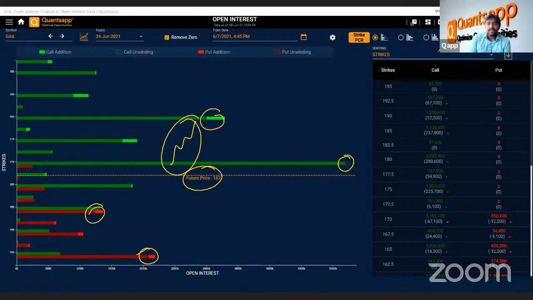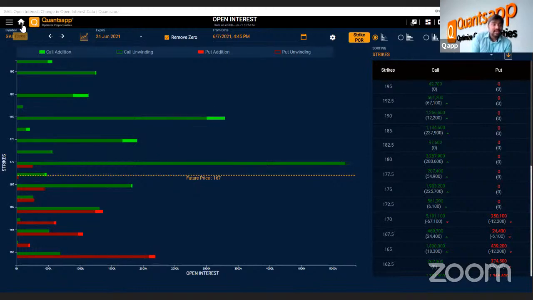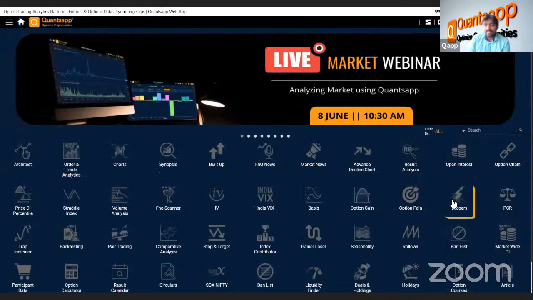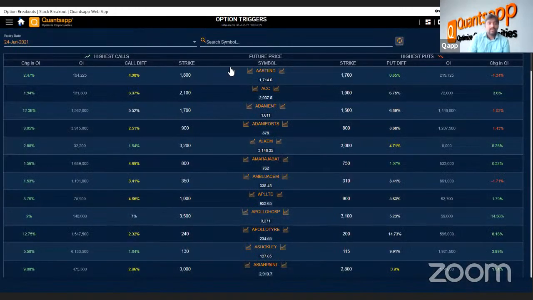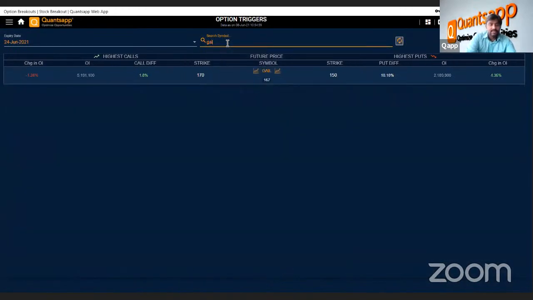Okay, now let's see if there is any change specifically in GAIL. Let's go for a trigger and see for GAIL. Okay, if we check the 150 strike price, that's a 4% change only, right? And on the 170 call options, that's a 1 point change. That's unwinding happening on this. We have seen that on the OI chart also. So if we have a breakout above 170, the stock can move upside.